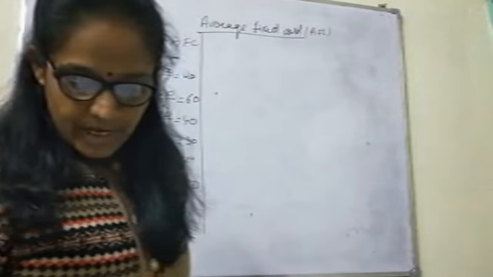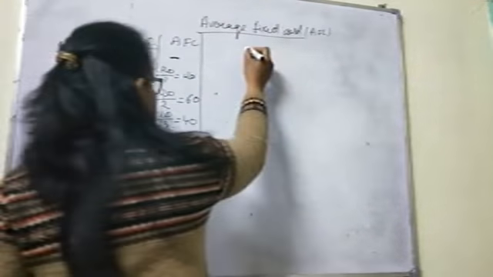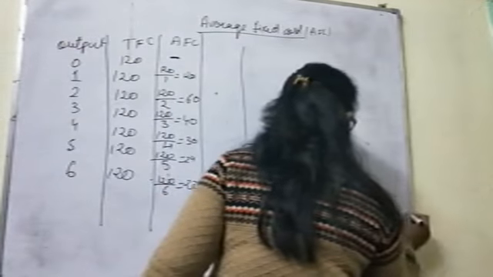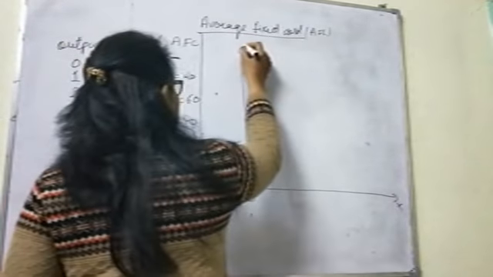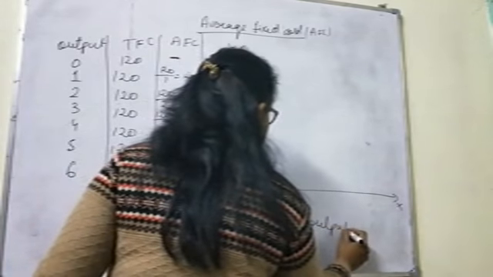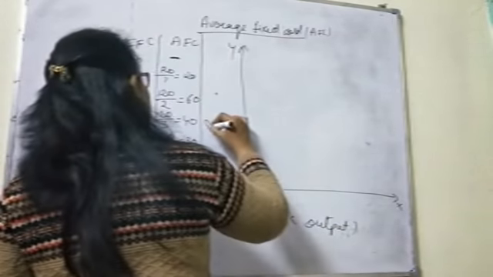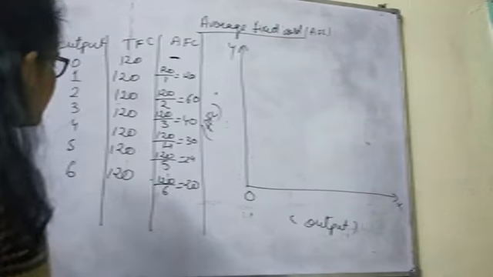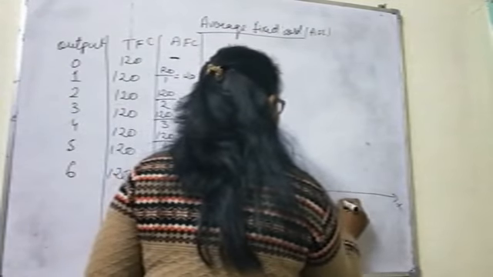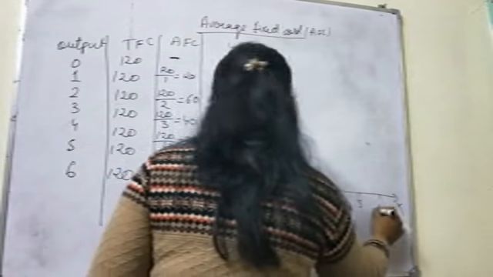AFC curve now we have to draw. Now see all of you. Here we show output and here we show AFC, because right now we are doing AFC. Okay, we'll show AFC. So we'll take 1, 2, 3, 4, 5, 6.